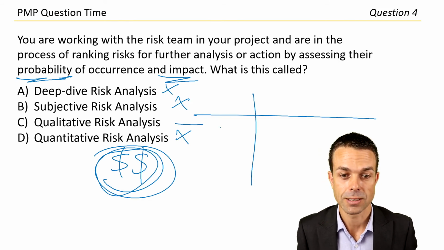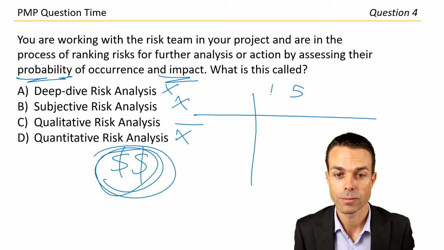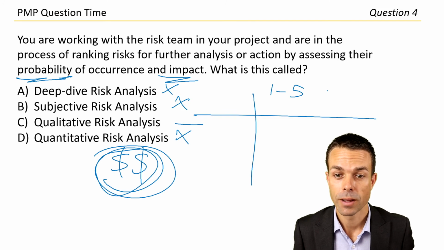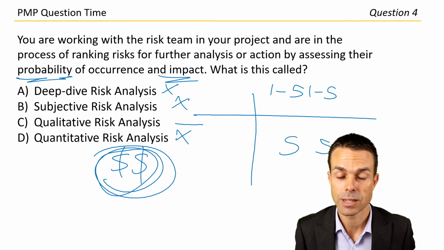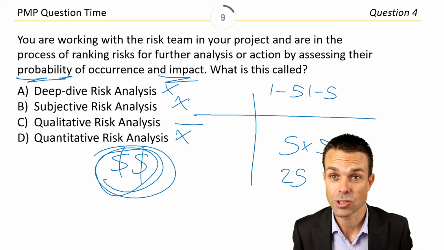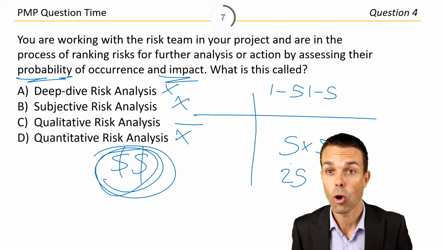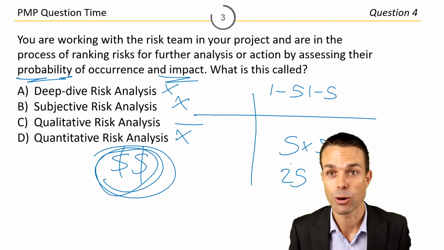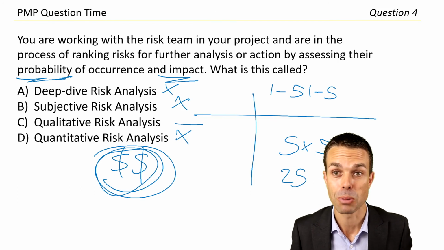Qualitative risk analysis is where you say it's a 1 to 5 level of probability occurring, and 1 to 5 for the impact. So let's say it's 5 impact and 5 probability. Multiply those together, you get 25, and that's the highest you could have for that particular risk, or whatever scale you choose to use. That's your qualitative risk analysis, very important.